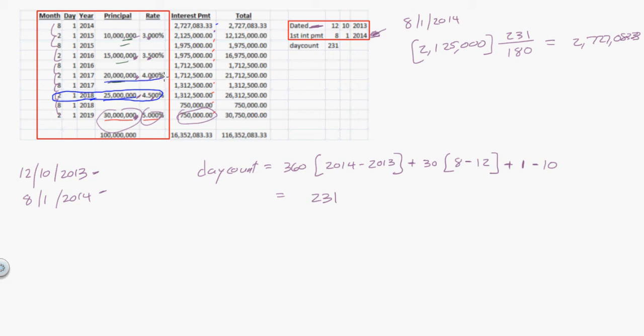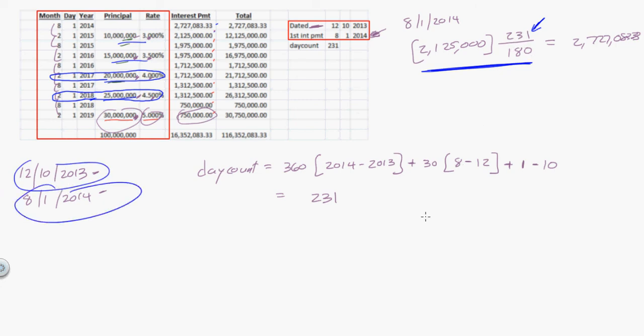Likewise with this bond, I pay every August and February 1st, beginning in 2014, ending February 2017, and that interest is 20 million times 4% divided by 2. Same for these two bonds, and I'm making a different adjustment with the first interest payment. I have to adjust for the period. It's not going to be exactly 180 days, so how many days is it from the dated date to the first interest payment date? In this case, 231, and that's it.